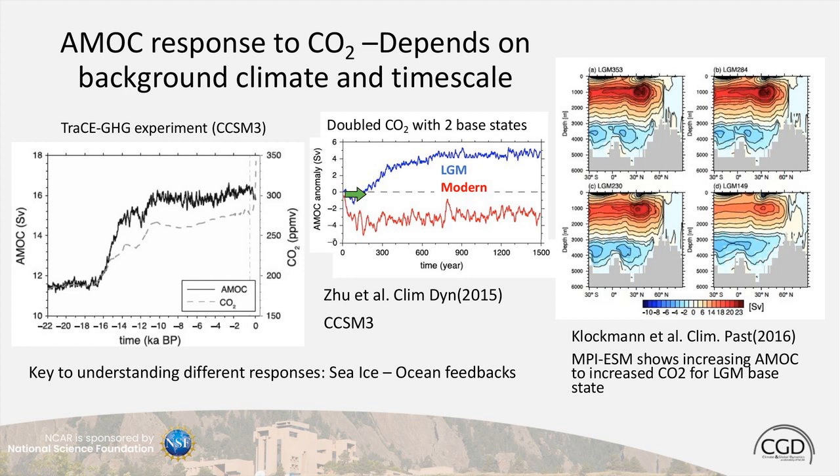And in the LGM state, we got a very vigorous recovery, and the key to understanding that different response was the sea ice ocean feedbacks, in particular the response of AMOC and sea ice, which is a lot more expansive in the LGM simulation, and thus the feedbacks are stronger.